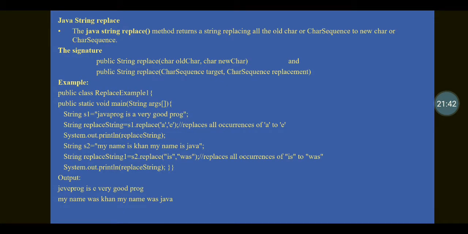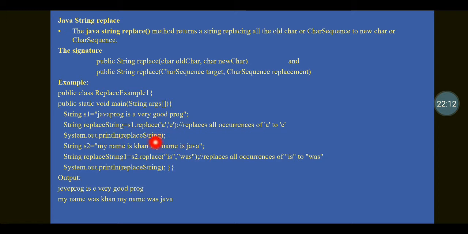So String.replace(). replace() is the method which is used to replace the old occurrence by the new occurrence. Here s1 = "java program is very good program", and String replaceString = s1.replace('a', 'e'), so that every 'a' of s1 is replaced by 'e', and the replaced new string will be stored in the object replaceString.